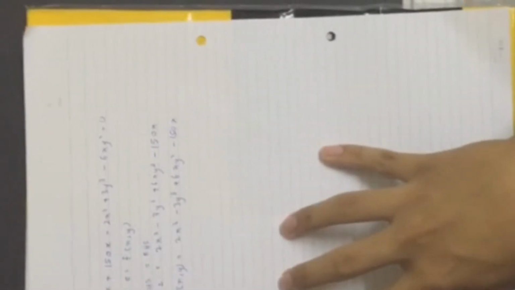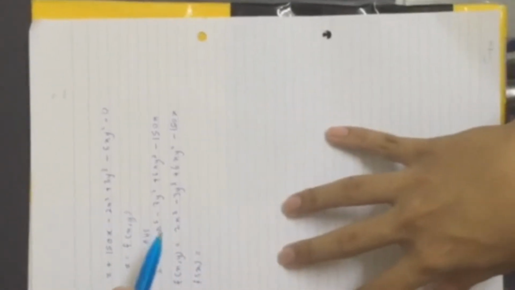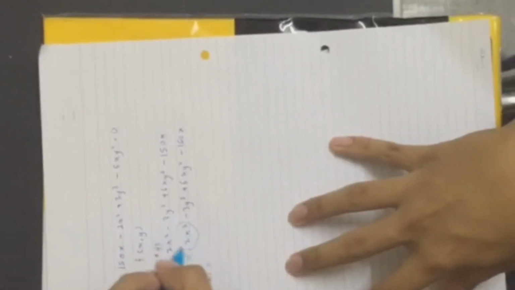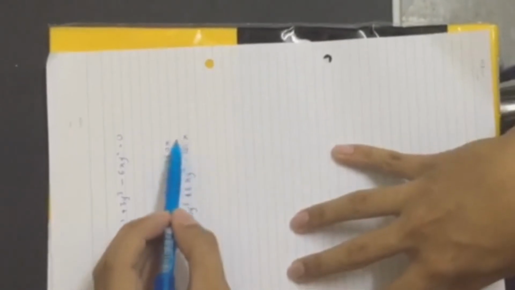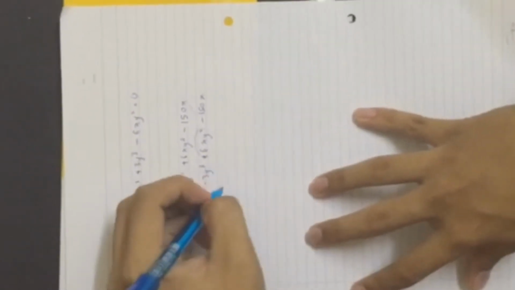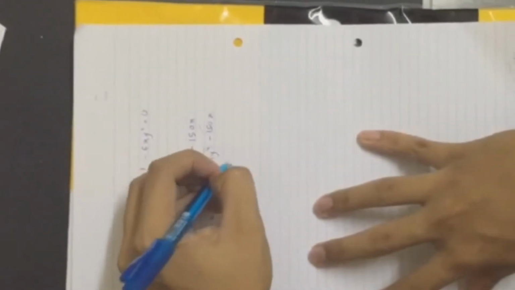Then we break it down into x component and y component. First of all, for the x component, fx is obtained by differentiating only the x terms: 2x cubed, 6xy squared and 150x, which gives 6x squared plus 6y squared minus 150.